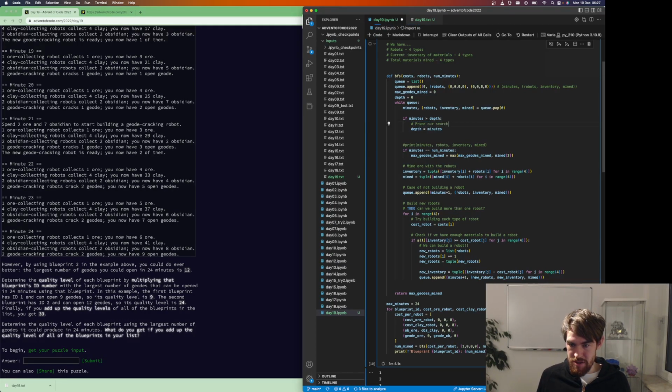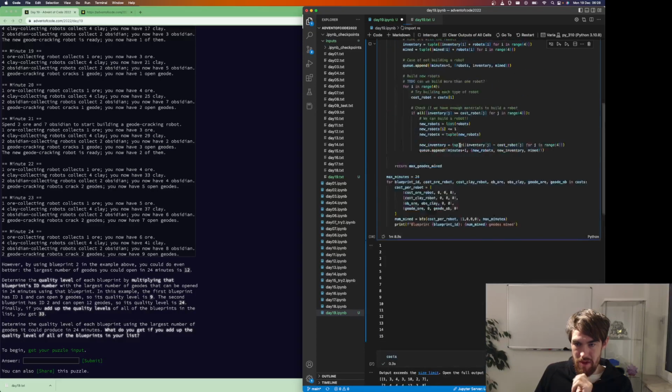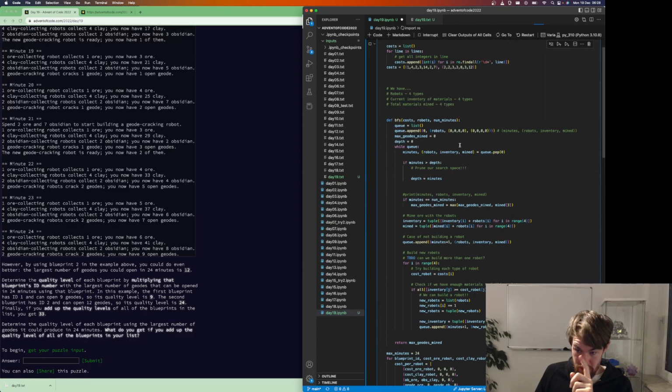Prune our search space. As I said, I'm assuming that the more geodes we have, the better.